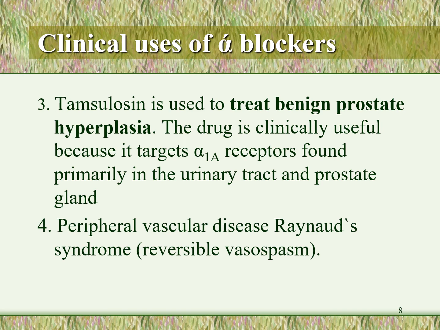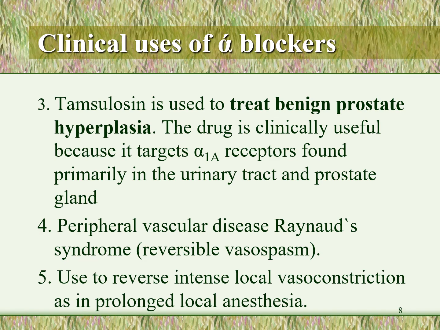Also, alpha blockers can be used for peripheral vascular disease, such as Raynaud's syndrome, which is a reversible vasospasm in peripheral extremities, such as the toes. Also, as we mentioned, alpha blockers can be used to reverse the intense local vasoconstriction produced during local anesthesia, to prolong the local anesthetic effect, as we mentioned.